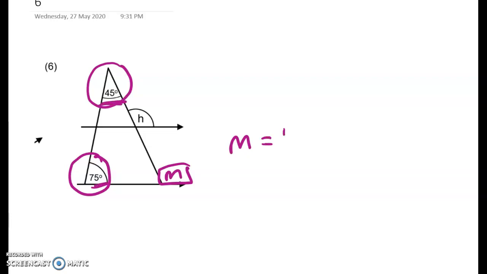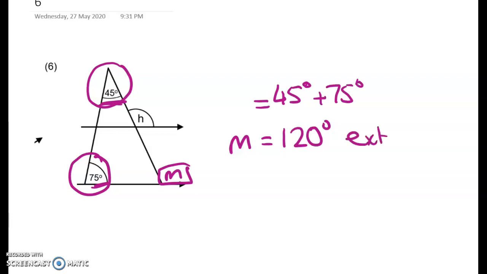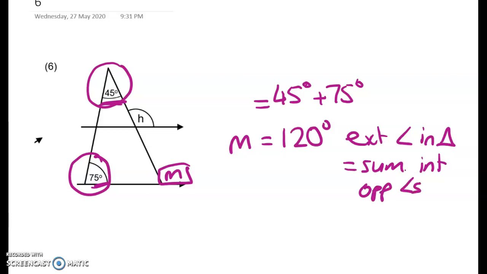So M is equal to 120 degrees, so that's 45 plus 75, because the exterior angle in a triangle is equal to the sum of the interior opposite angles. And now we can go straight to H because it's corresponding and the lines are parallel.